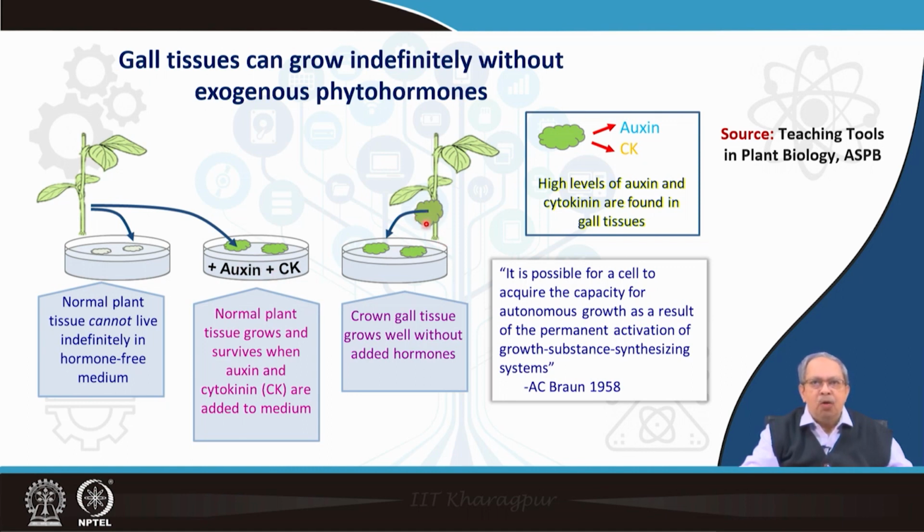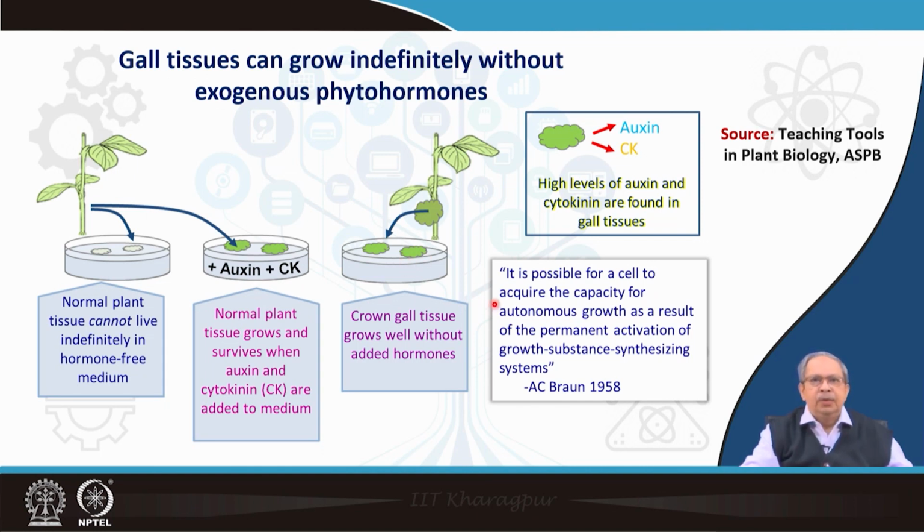Now, if you take the crown gall tissue and add it into the medium, and you do not add hormones, what is going to happen? The crown gall will continue to grow. That means for the growth of crown gall there is no need for external supplementation of auxin and cytokinin in the medium.